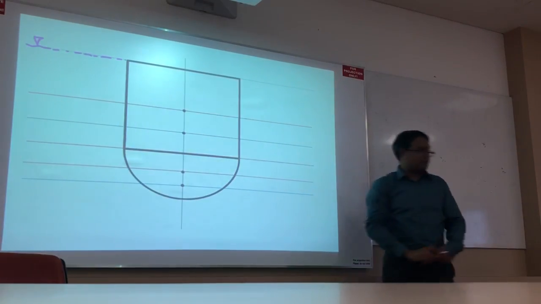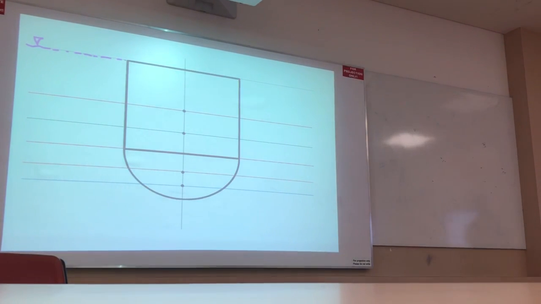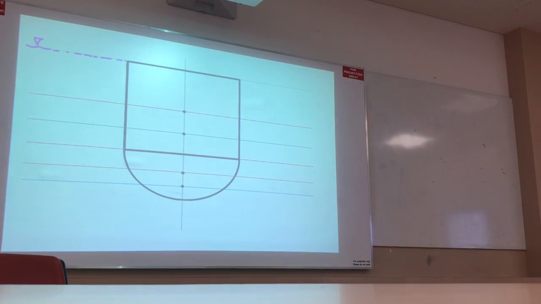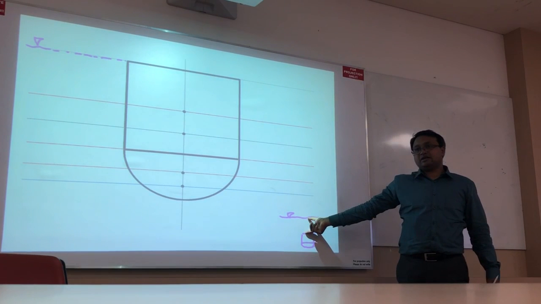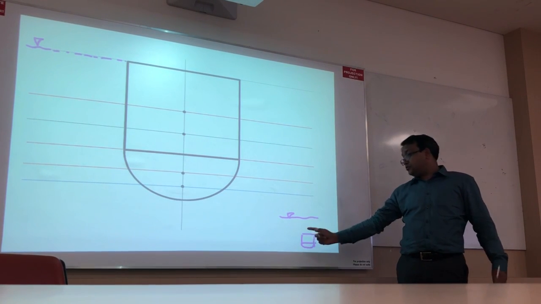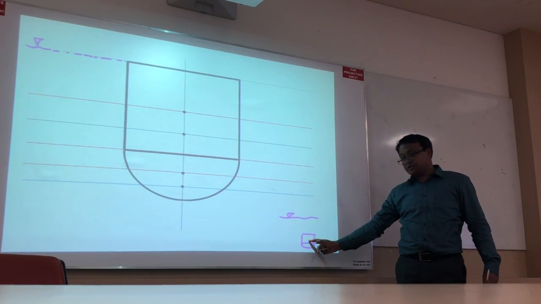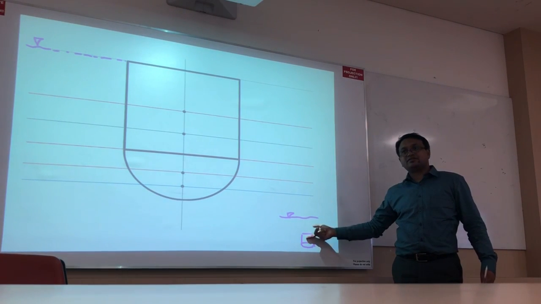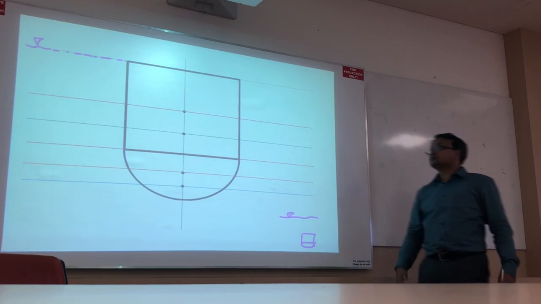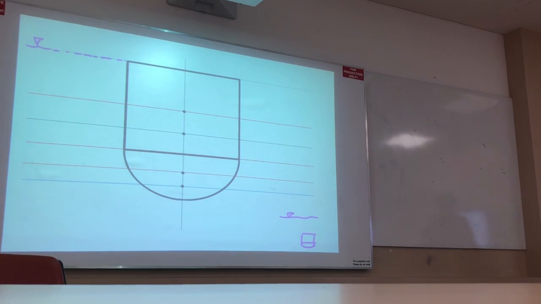For example, if the whole shape is something like this and the water is here, you have to add this additional distance, and then add from here to the center of pressure. Alright? You have to add this additional distance. Okay?